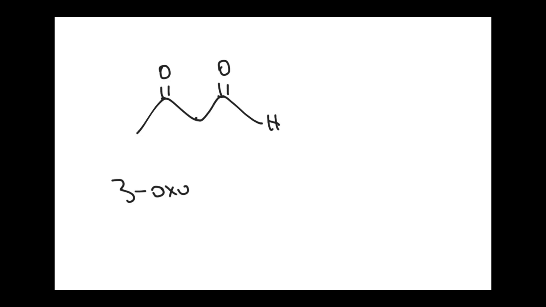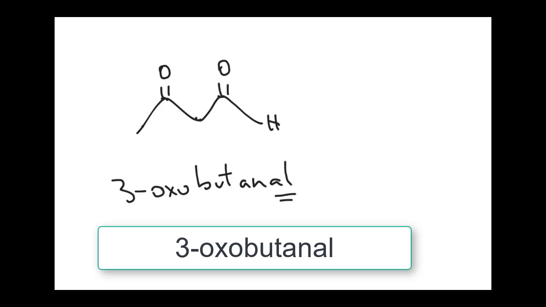The aldehyde is also higher priority, so if we were to have both an aldehyde and a ketone, the aldehyde gets the priority, so it's the number 1 carbon. 2, 3 is an oxo, so we know we have a 3-oxo. 1, 2, 3, 4, this is a butane, and we call it butanal, al for the aldehyde.